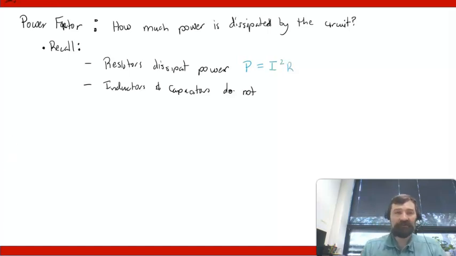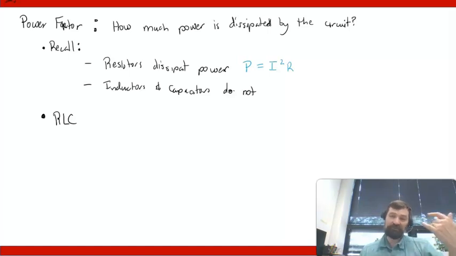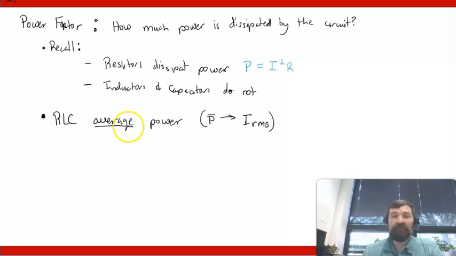So in the case of an RLC circuit, the power dissipated, we might look at average power since we're looking at an AC signal. Thus, we're looking at, for current, the RMS current.